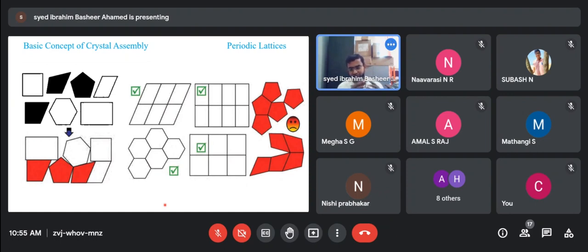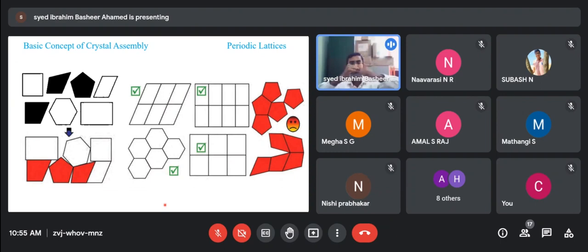So when the crystal is forming within these 7 systems, this systematic arrangement will not have any gap between each packing. When one unit is formed, another unit will be formed adjacent to it, with no gap between them, very tightly packed.